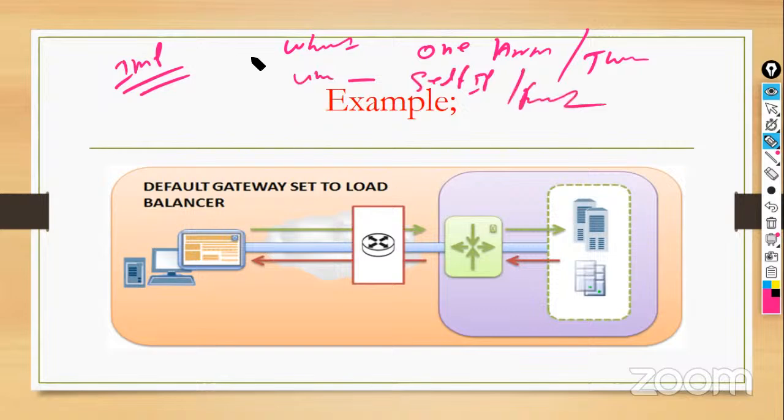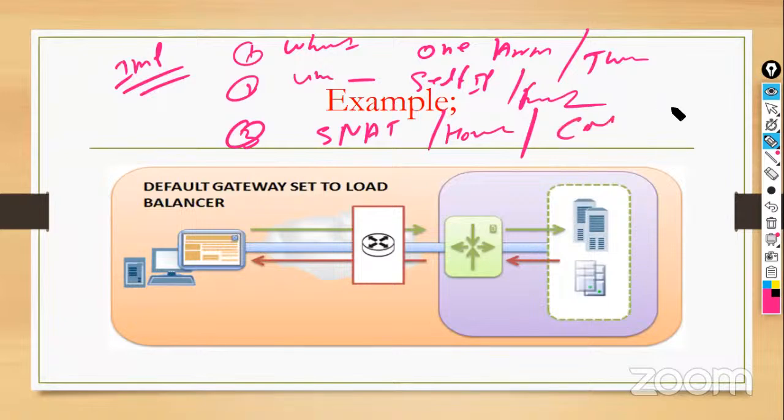The third question they are also interested in: what is SNAT and how does it work? Then they can ask about cookie persistence. These two or three questions, every interviewer asks nowadays.